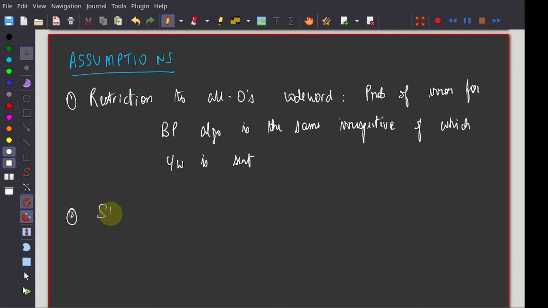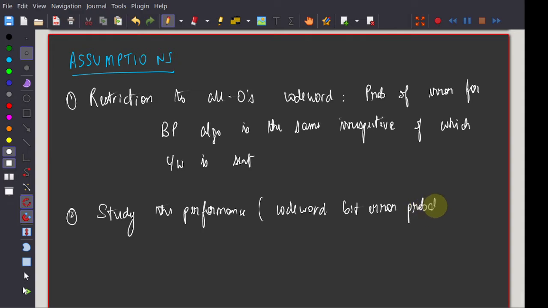Second, we basically study the performance, by which I mean the codeword bit error probability, for random codes.